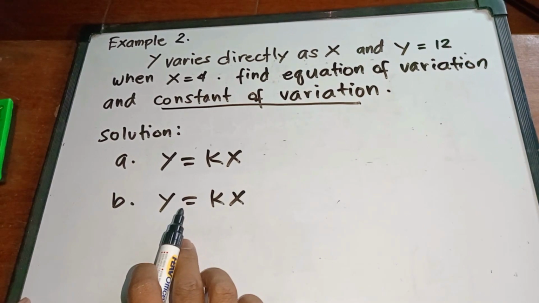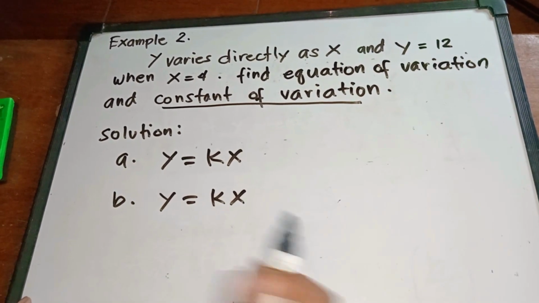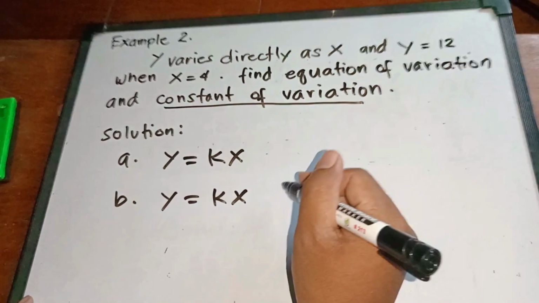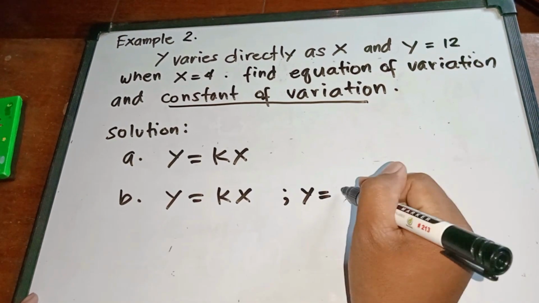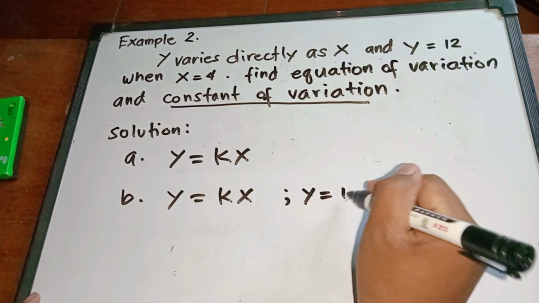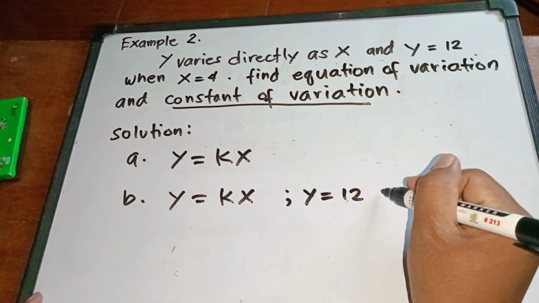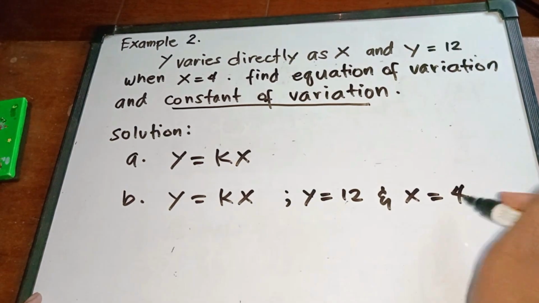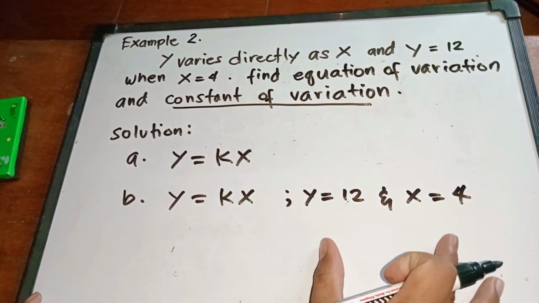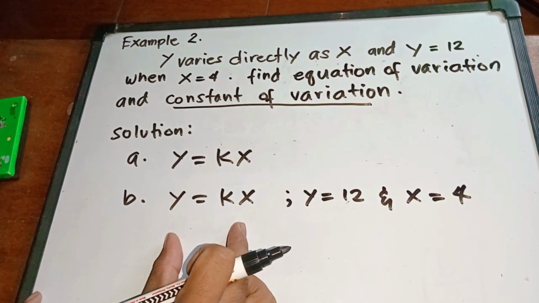So, hinahanap natin sa letter B. Okay, since yung value ng y dito, y equals 12 and x equals 4, itong dalawang to, ipapalit natin dito sa may equation natin na nakuha.